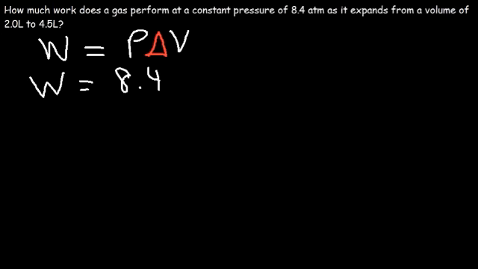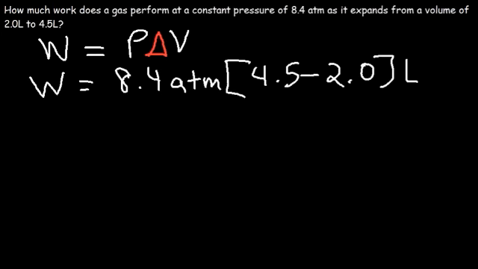So the pressure is 8.4 atmospheres, and the volume changes from final minus initial, 4.5 minus 2.0 liters. So this is equal to 21 liters times atm.